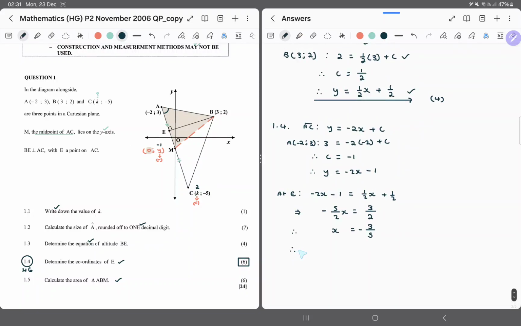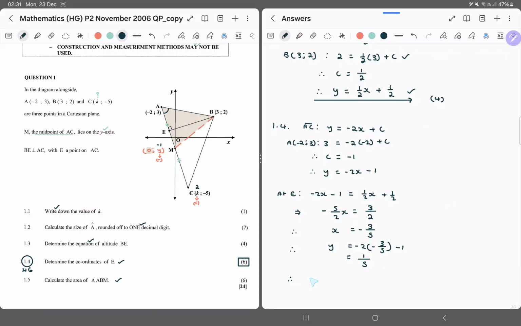We can say therefore y as well is going to be, we can take any one, it's going to be minus 2 into minus 3 over 5 minus 1. So this is basically 6 over 5 minus 1. So we multiply by 5, 6 minus 5 is 1 over 5. Okay. Well, that's convincing because again this is below 3, this is above 0.